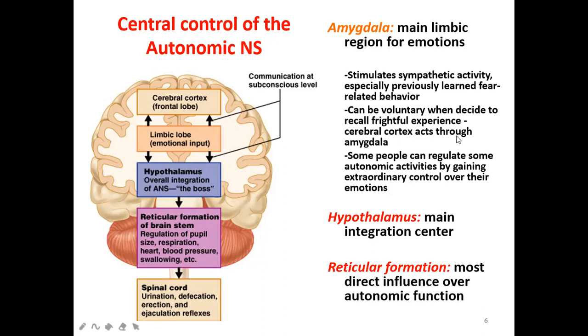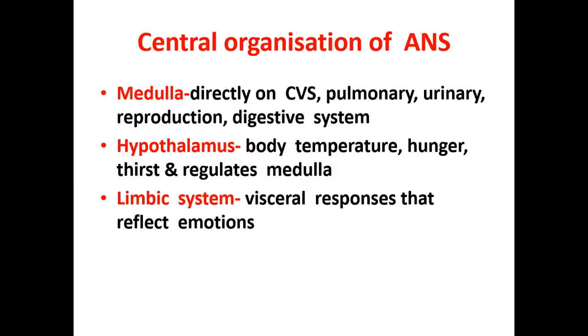As I told you, the hypothalamus is called the boss of the ANS, the main integrating center. The reticular formation has the most direct influence over autonomic function. Now, in the central organization of the ANS, the medulla oblongata directly acts on the cardiovascular, respiratory, urinary, reproductive, and digestive systems.